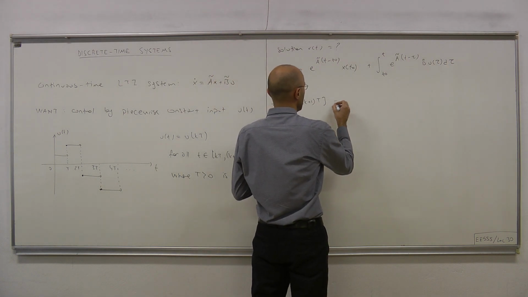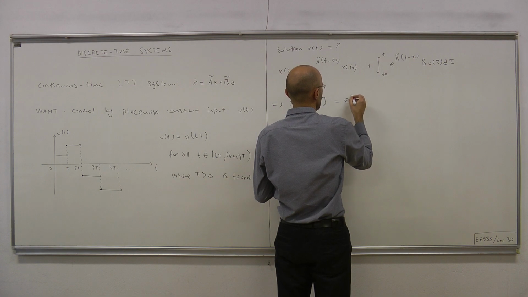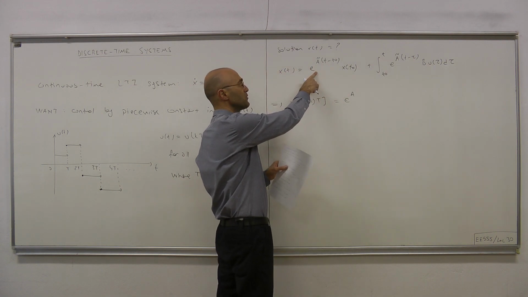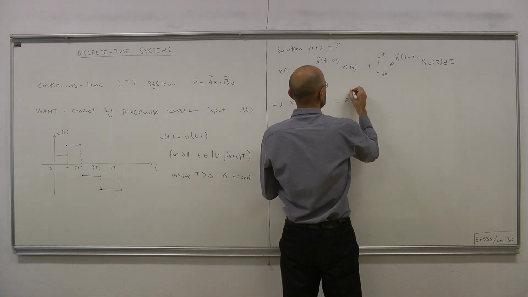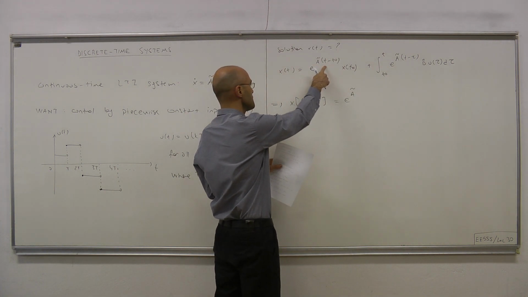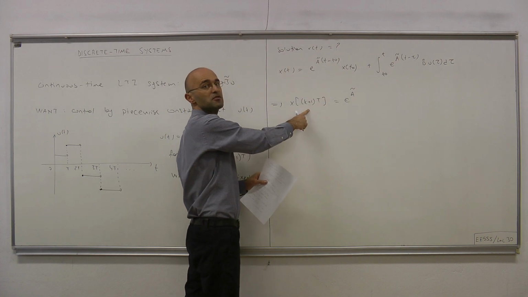So therefore, applying this formula to our case, we can write e to the A tilde, which by the way is the state transition matrix, or the matrix exponential. Now t is (k plus 1)T, and t0 is kT.